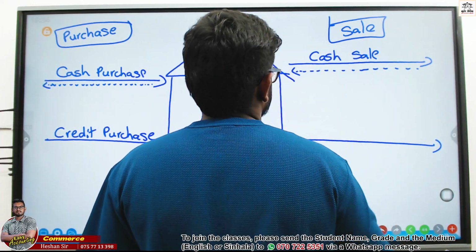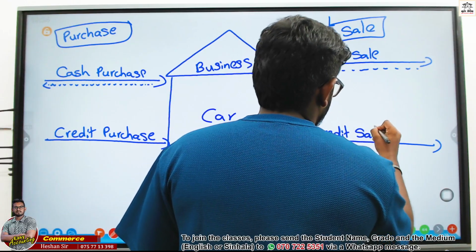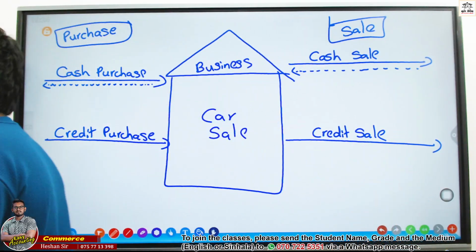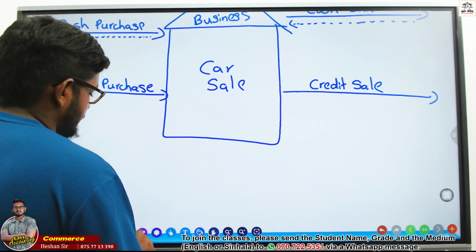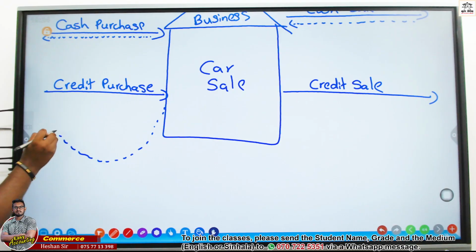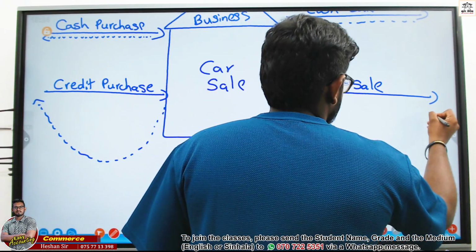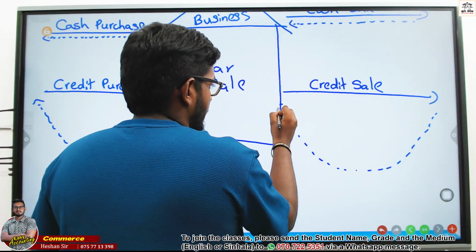Credit sale means we sell now and we collect the cash later. When we talk about credit sales and credit purchases, the cash transaction happens later, on another date. We sell the goods on credit, we receive cash later. Am I clear to you?